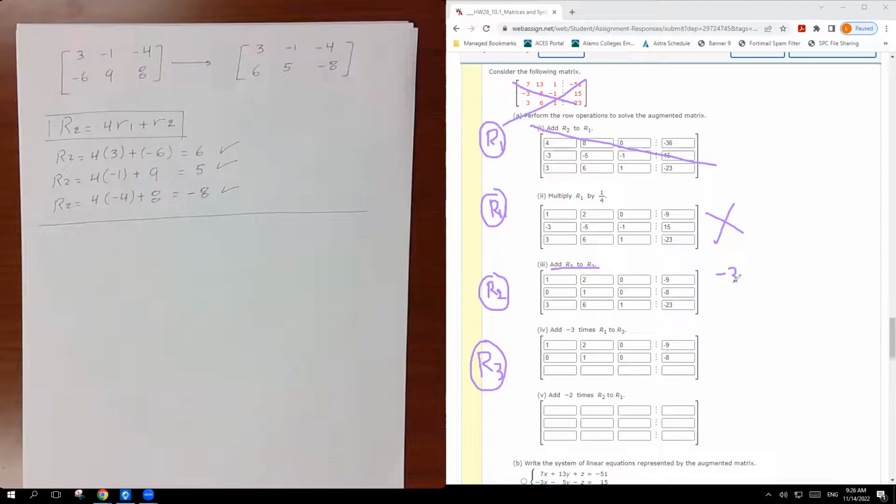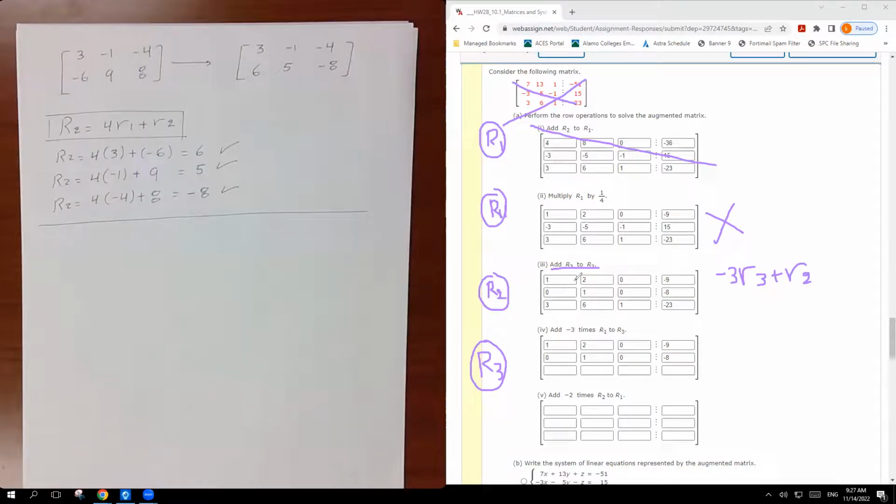Negative 3 times R1, and we're going to add R3.